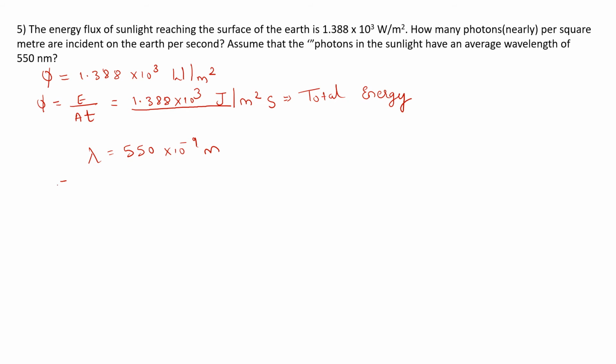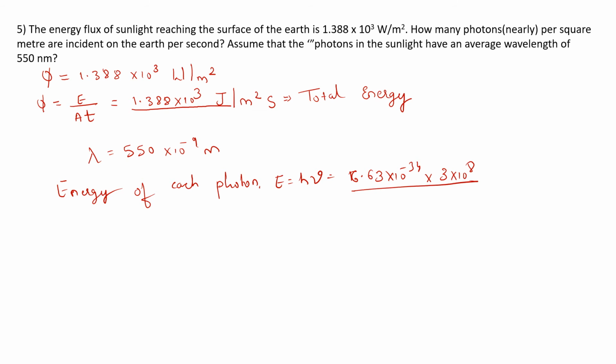So we know the energy of each photon, that is E is equal to h nu. That is, h is 6.63 into 10 raised to minus 34. We don't know the nu, that's why we write it as c by lambda, that is 3 into 10 raised to 8 whole divided by 550 into 10 raised to minus 9.